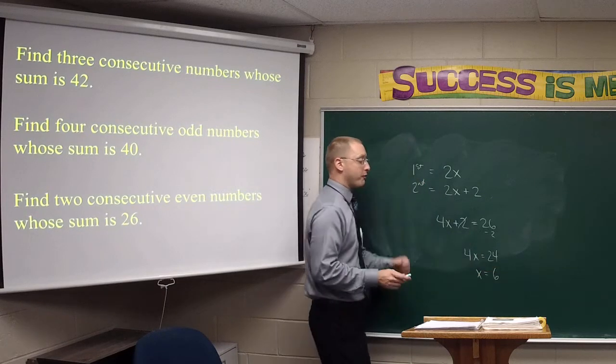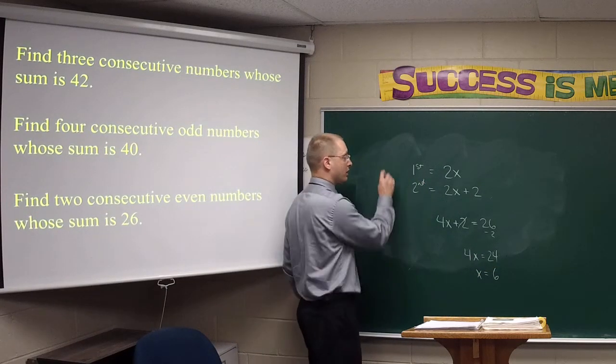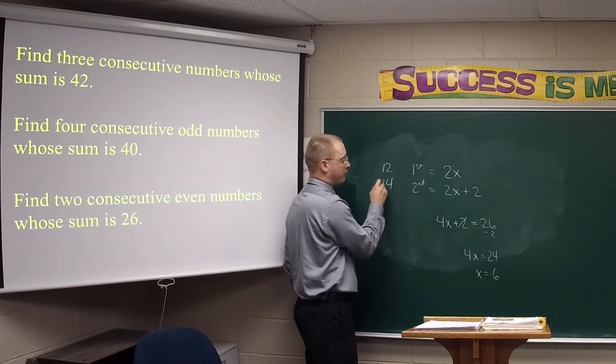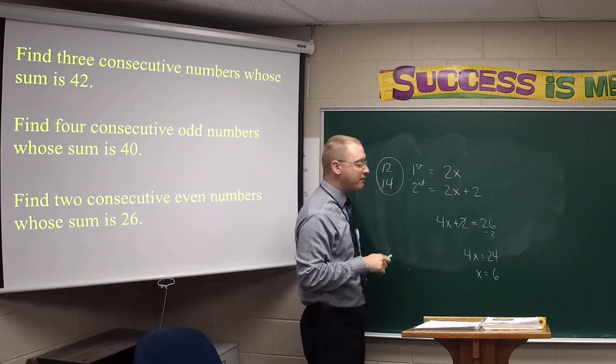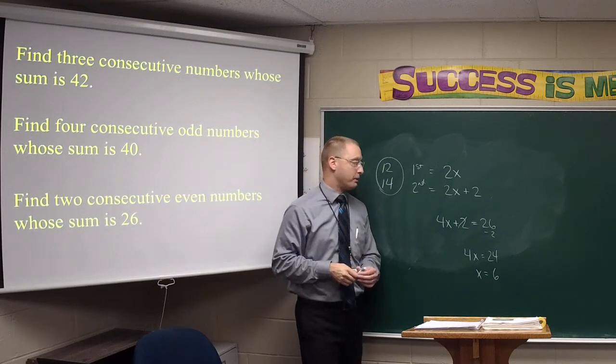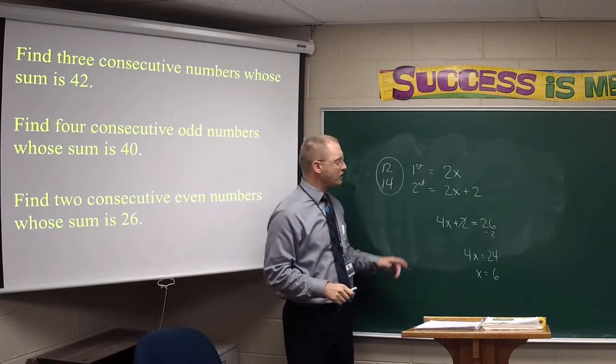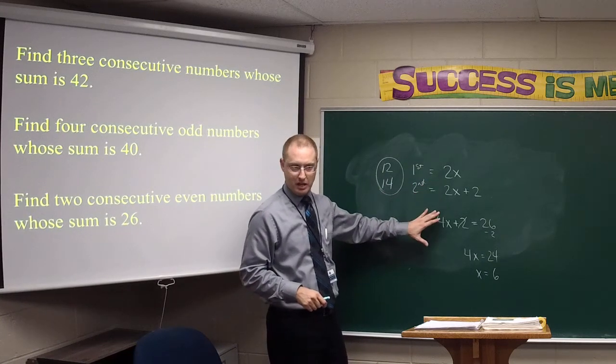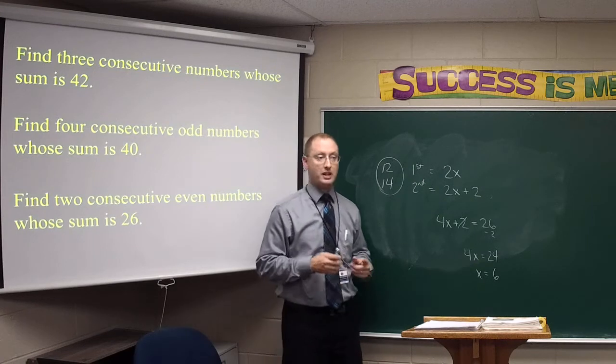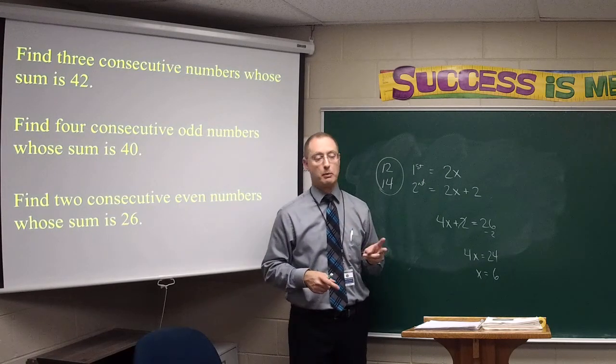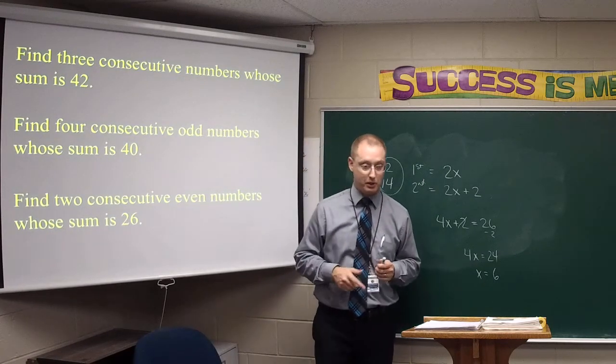But we'll end up getting what for my two numbers? 12 and 14 are my consecutive even numbers that add up to 26. Questions on how to represent these statements? Questions on consecutive numbers, consecutive even numbers, or consecutive odd numbers?